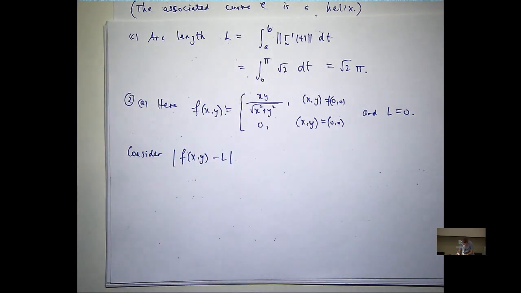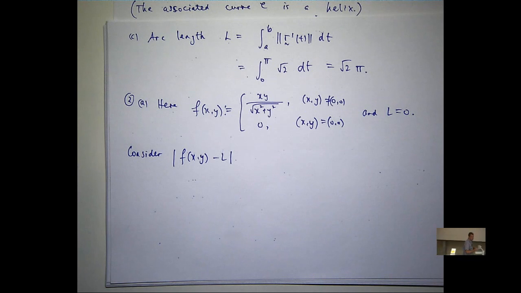So we start with this, and we try to play with it a little bit. All right. So this bottom line, we want to substitute in our f, substitute in our L, and then play with it and get something like x squared plus y squared all square rooted.